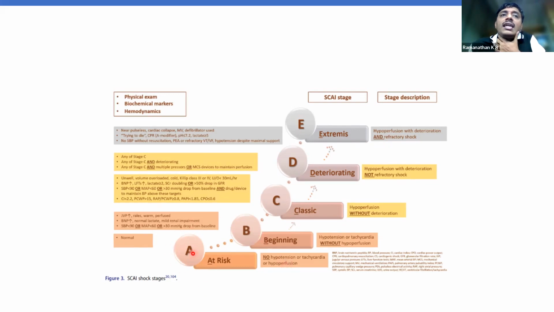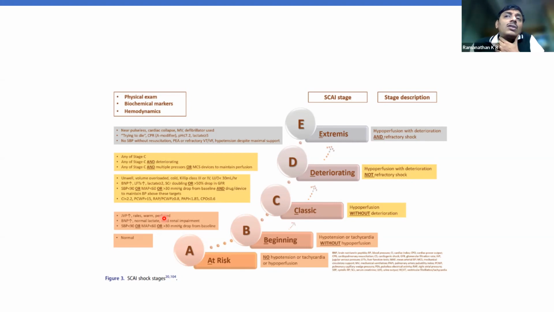As I said earlier, stage A is essentially normal. Stage B, where there is beginning of cardiogenic shock, you may get to see hypotension or tachycardia. The JVP would be raised. When I say hypotension, you still need to define it for the sake of cardiogenic shock. It's usually defined as a systolic BP of less than 90 or a MAP less than 60, or a more than 30 millimeter drop from baseline.